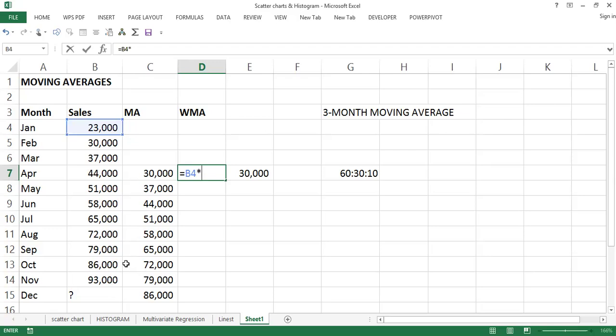Times, we can use 0.1, plus February times 0. What?